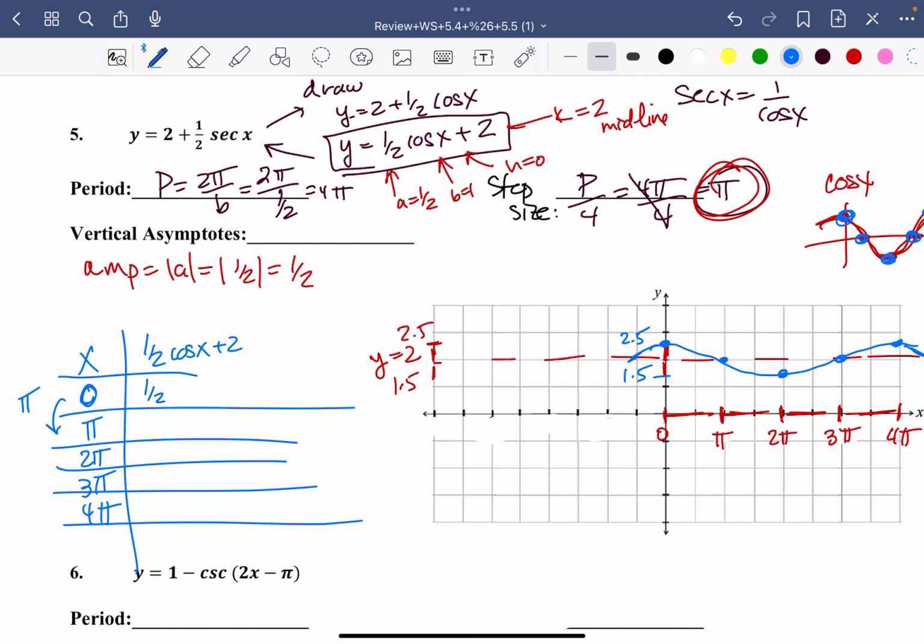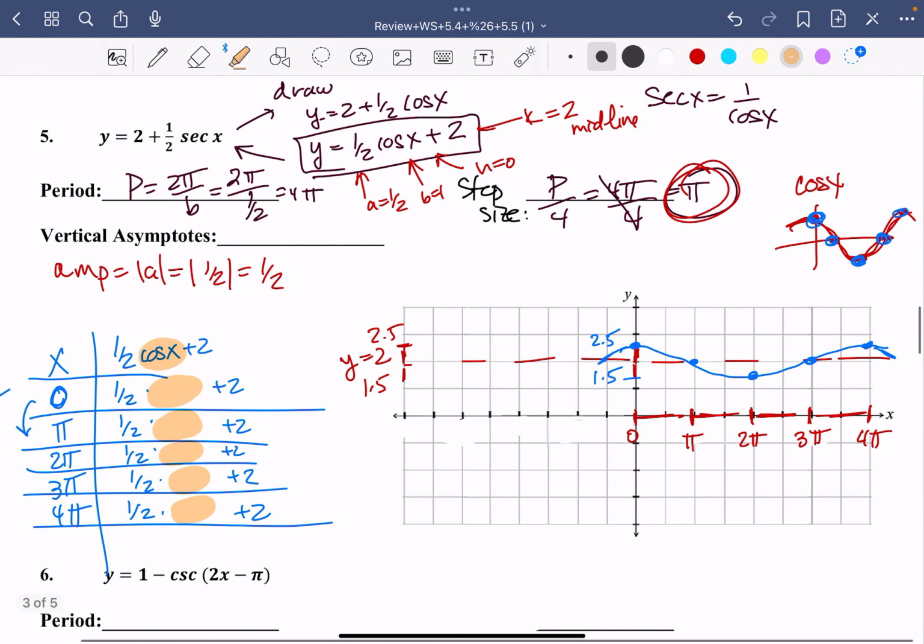And if you have 1/2 cosine x plus 2, I really need you to view that as taking 1/2 times all your old cosine values and then adding 2. So it's 1/2 my old cosine values plus 2.